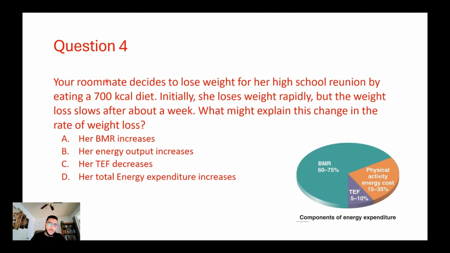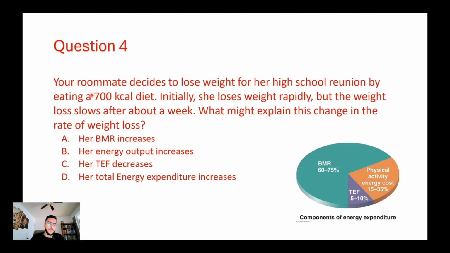Your roommate decides to lose weight for her high school reunion by eating a 700 kilocal diet. So that's basically decreasing the diet by a lot. Usually you need around 2,000. Initially, she loses weight rapidly, but the weight loss slows after about a week. What might explain this change in the rate of weight loss?